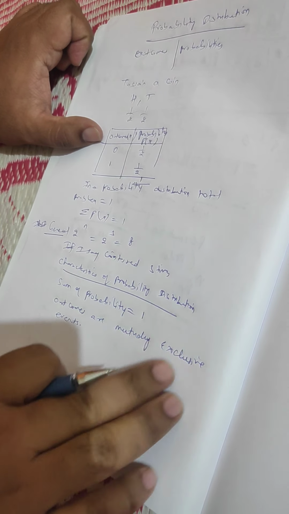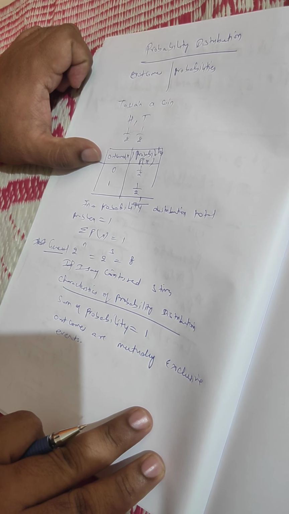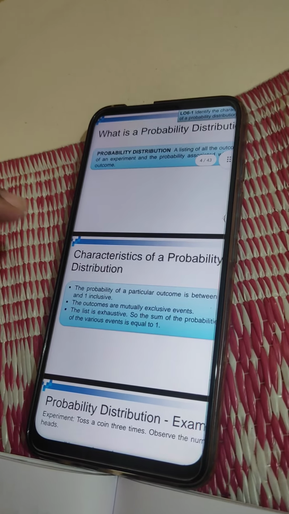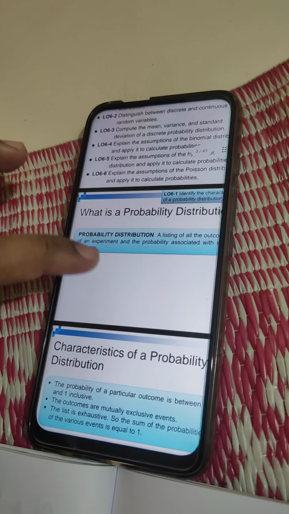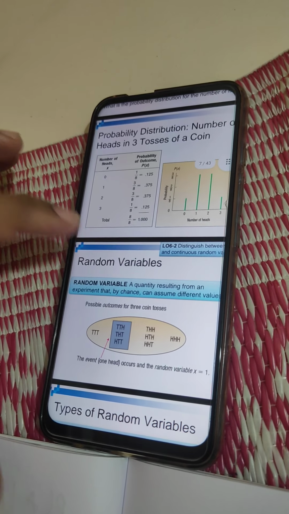So one thing is outcomes are mutually exclusive events. The list is exhaustive. They call it the list as exhaustive. That is not needed. Sum of probabilities, you just take it as equal to 1. And one more thing is, we have two variables.